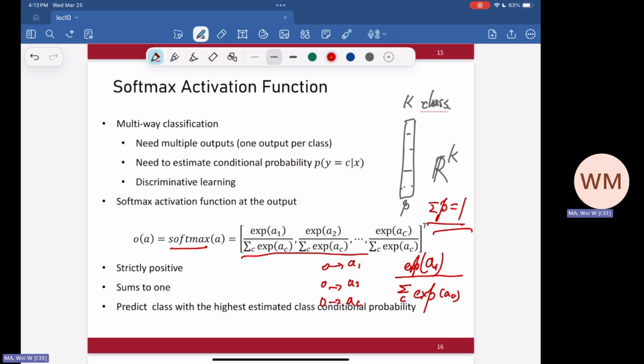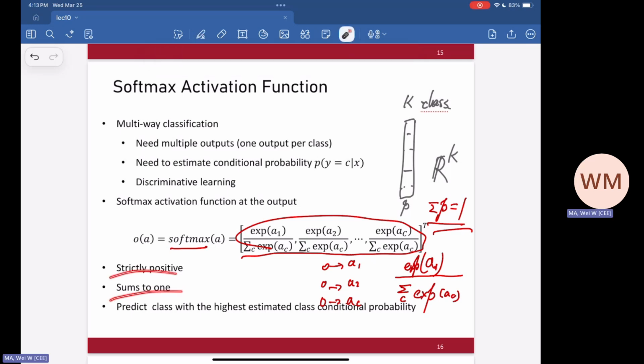It's written like this. The input is k dimension, and the output after the softmax is still k dimension. If you sum them together, it's 1. So this is strictly positive and sums to 1, and this gives you the probability of each class.